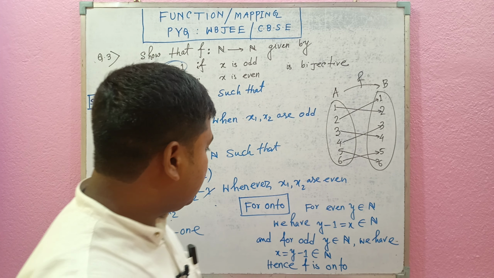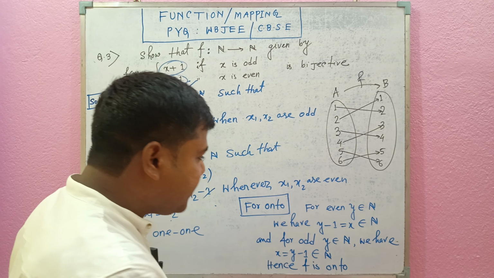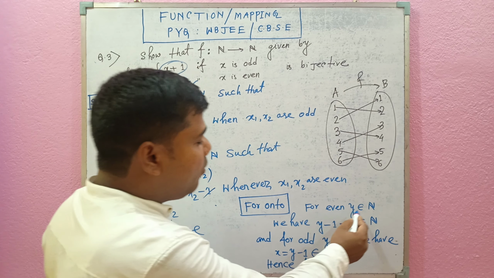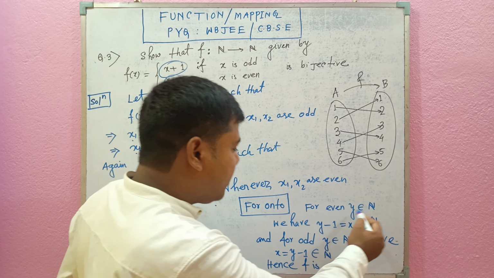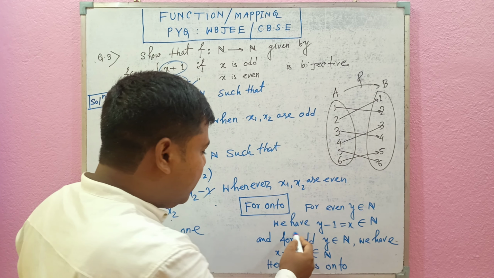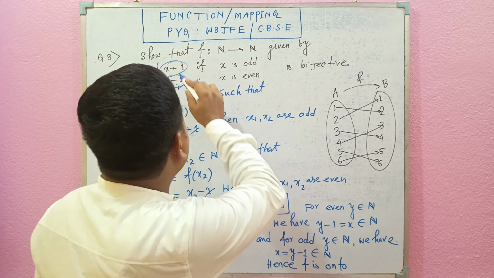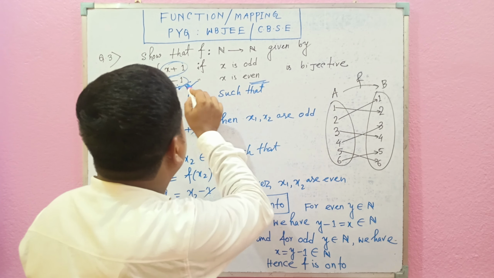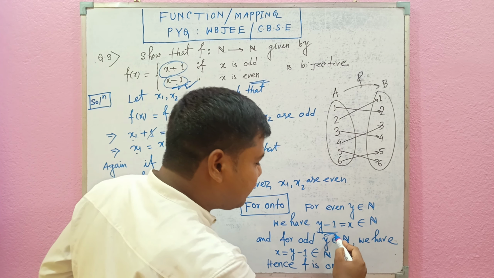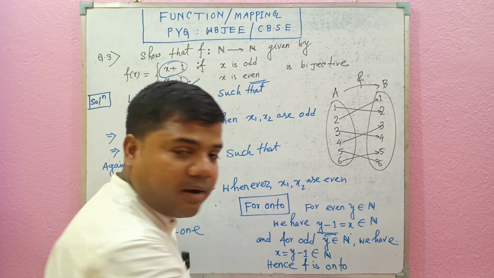Okay, now for onto or surjective, for even y belonging to the natural numbers, we have y is equal to x minus 1. So y plus 1 is equal to x, which is a natural number.